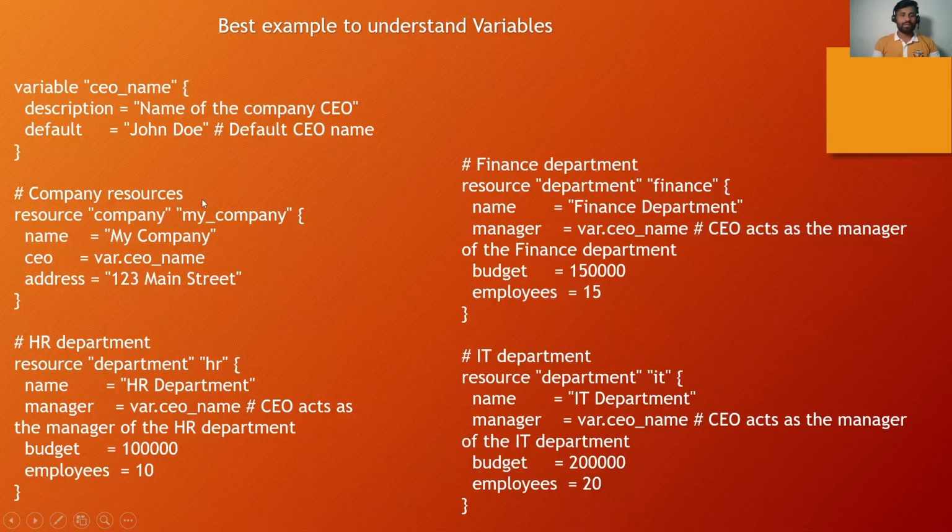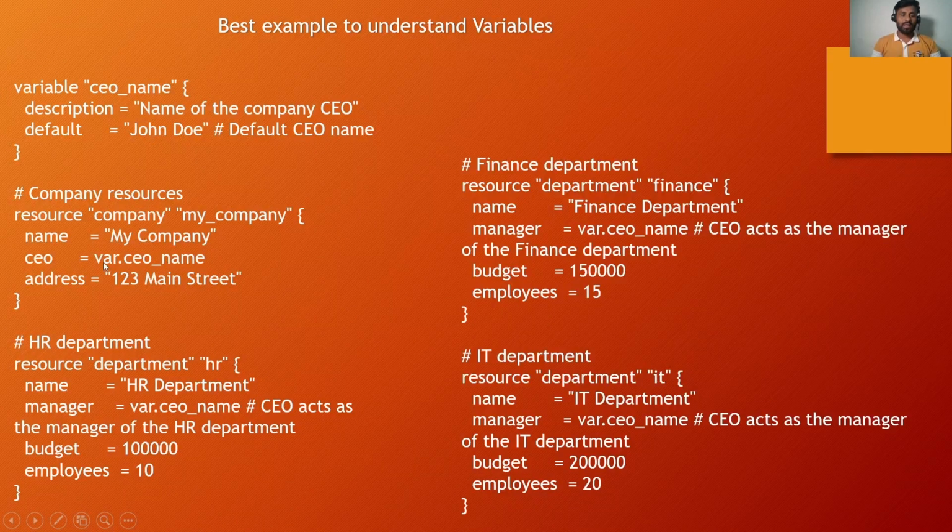Resource company, my company. See, the name is my company. So how can we use that variable? Now we are going to see. I would like to show you this practically also, but now I am just showing this theoretically here. If you understand it properly theoretically, then you can understand the practical things also, right?